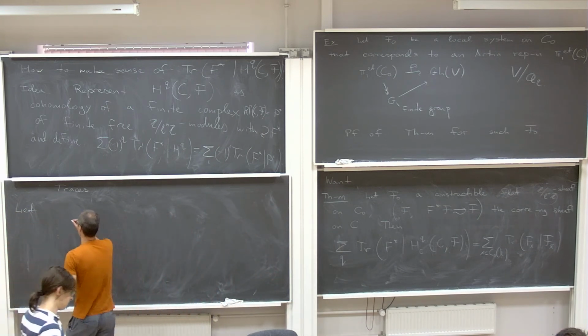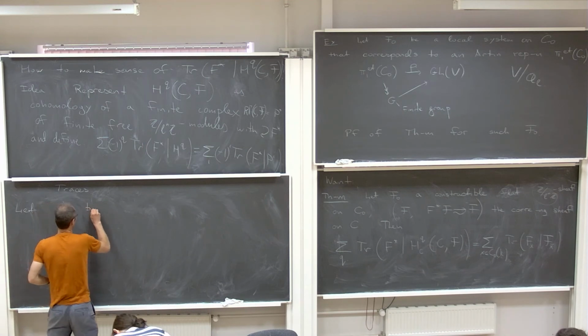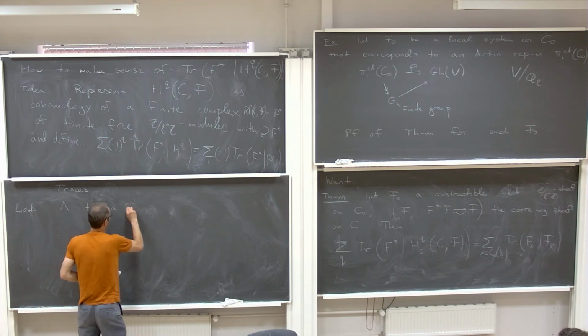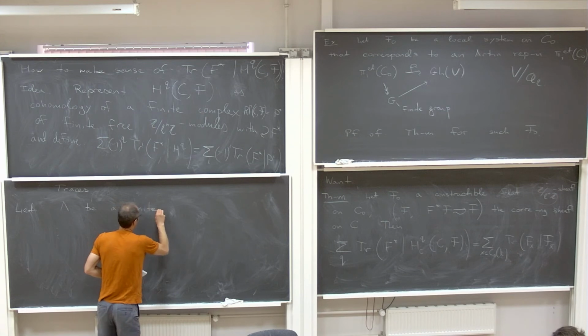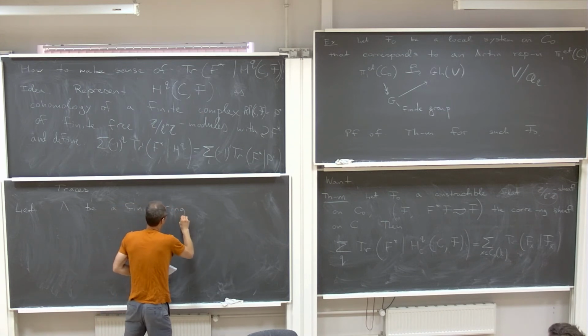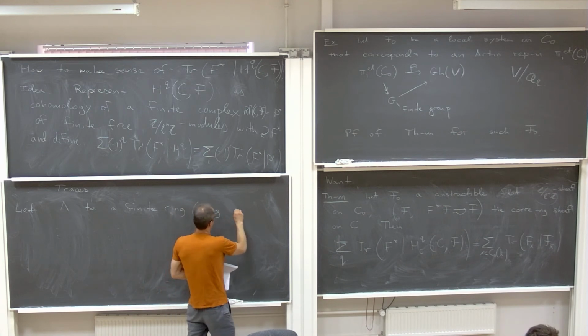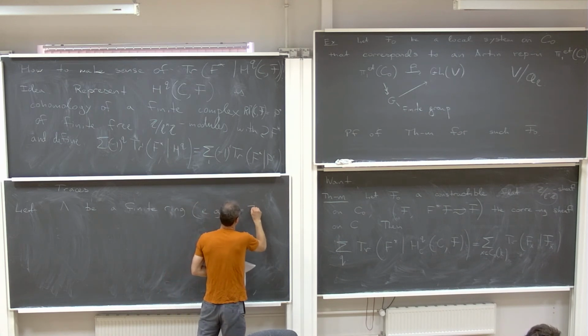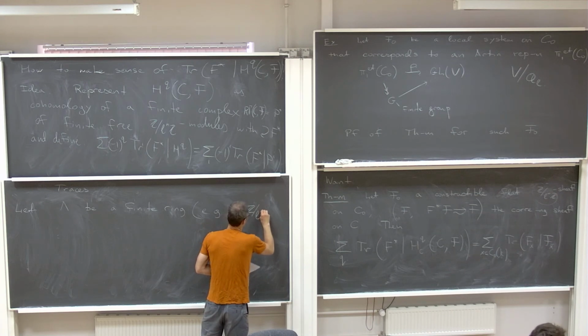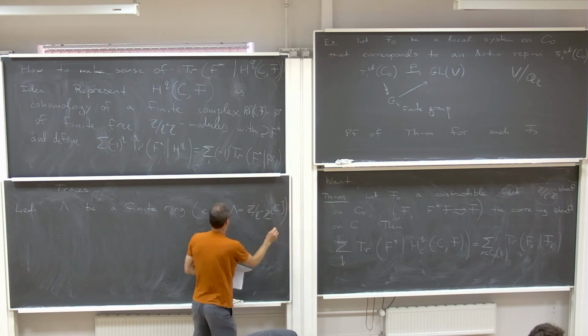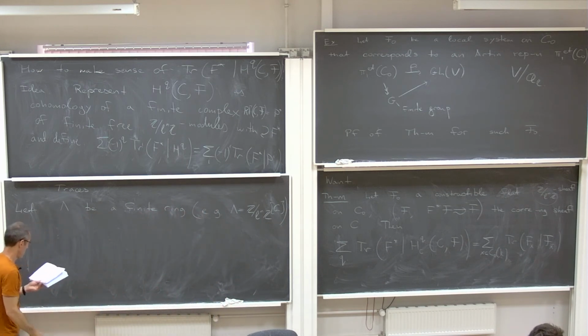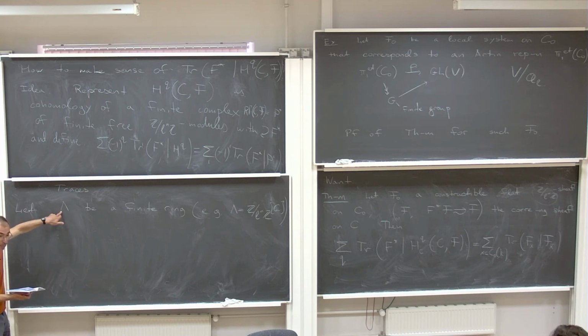So let Λ be a finite ring. For us, the main example will be a group algebra, something like this, where G is a finite group, right? So I'm interested in Λ-modules with an endomorphism.